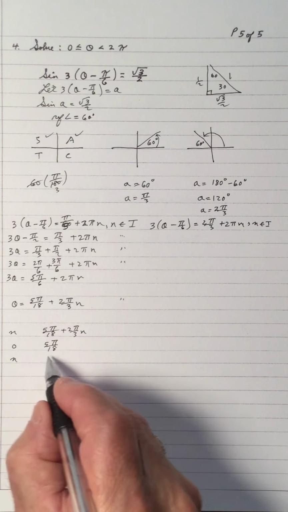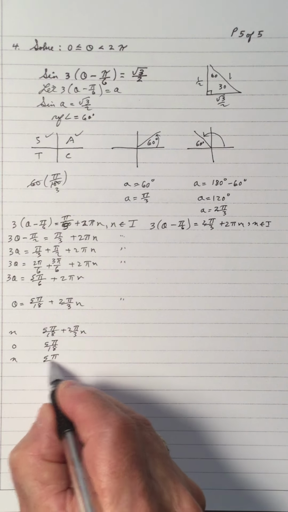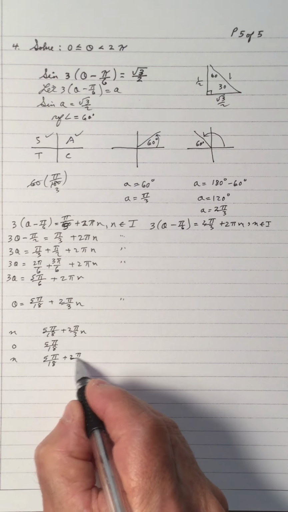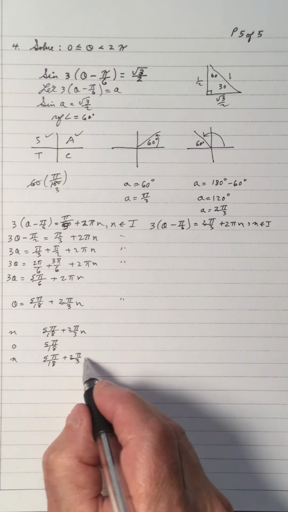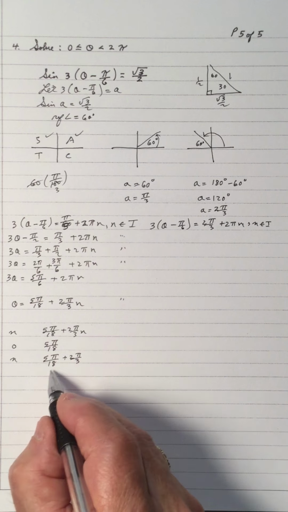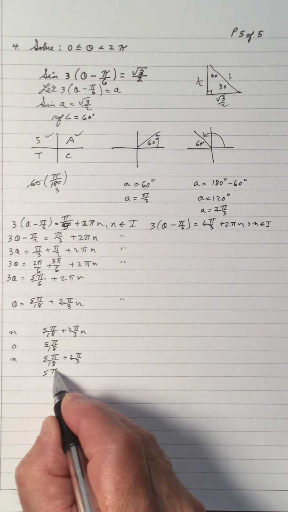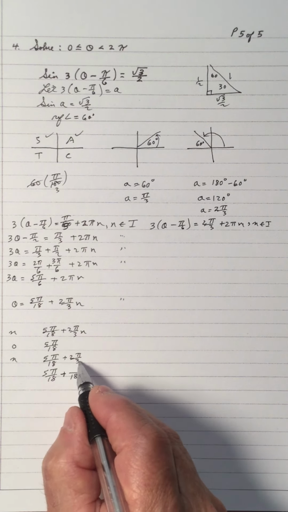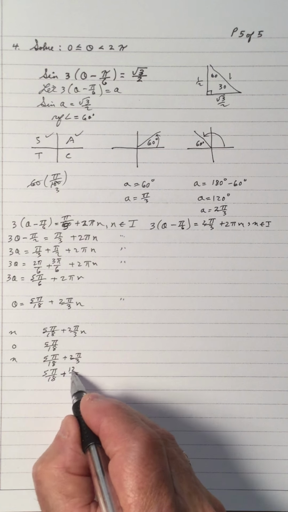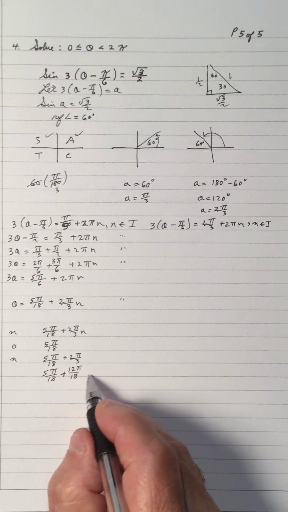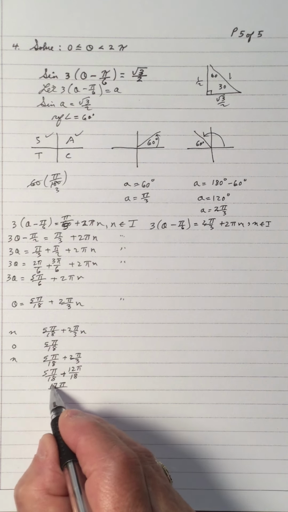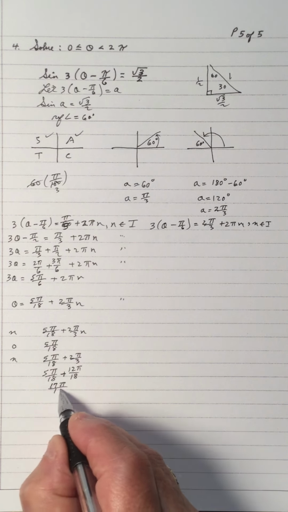And when n is 1, we get 5 pi over 18 plus 2 pi over 3. 18 is the denominator, so 6 times 3 is 18, 2 times 6 is 12, so that makes it 17 pi over 18.